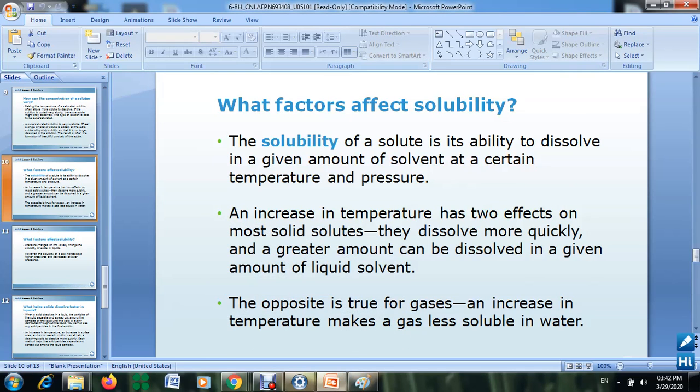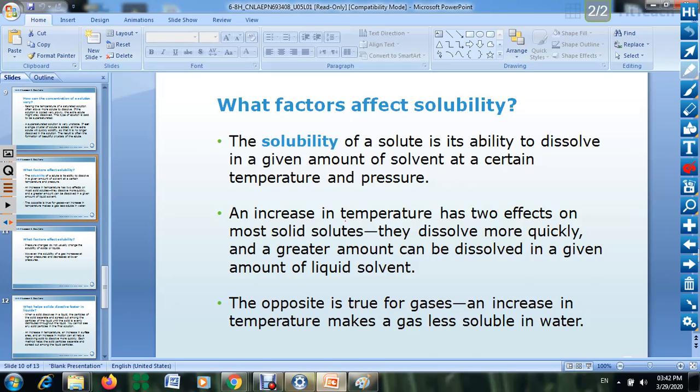The first factor is the temperature. If you have a solid, most solids actually dissolve more, you can dissolve more of the solute if it is solid in a solvent if the temperature is higher.